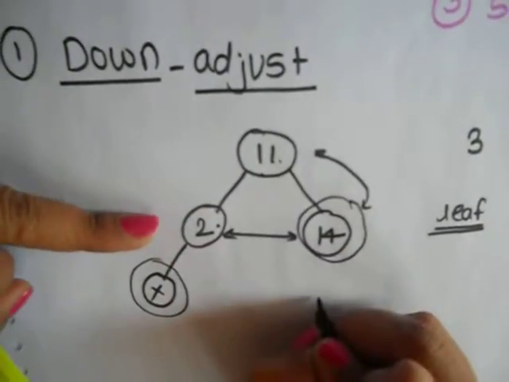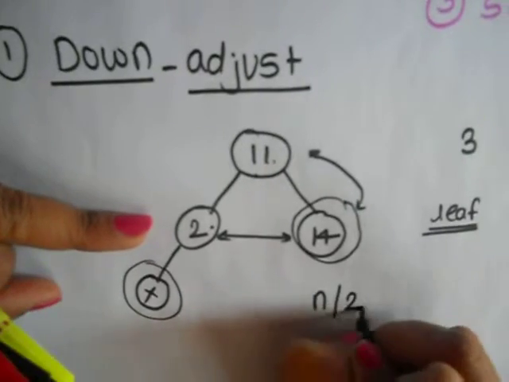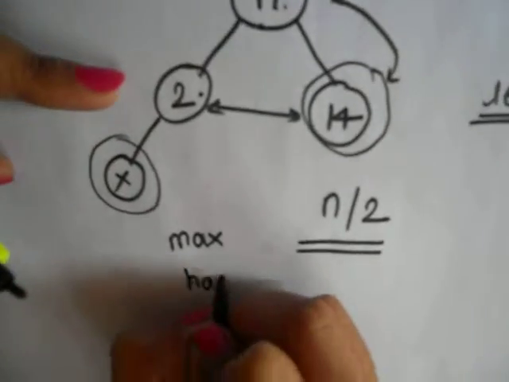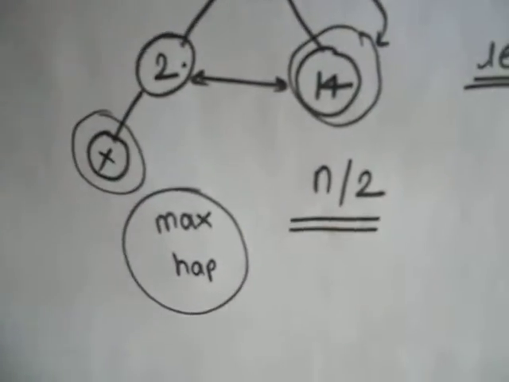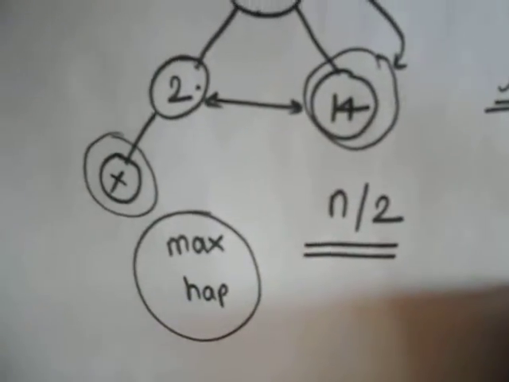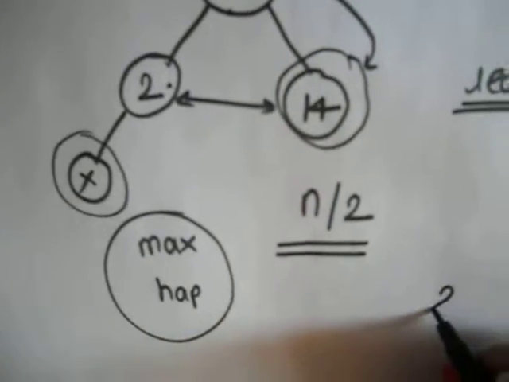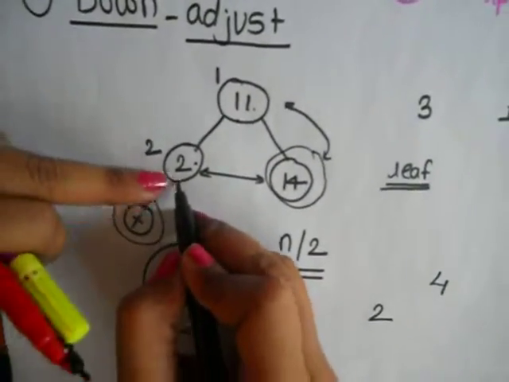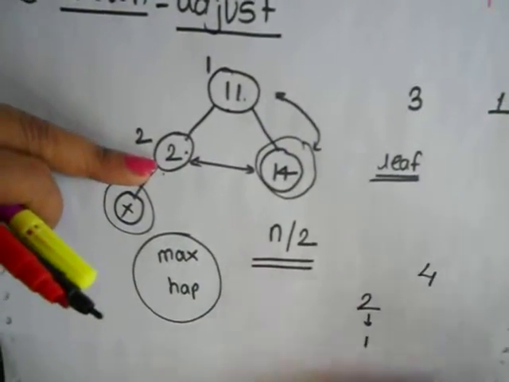Basically we have to apply max heap only on the first n by 2 nodes. If my nodes are 4, we apply max heap from the second node, since 2 has a child. After 2 we apply the max heap on the first.